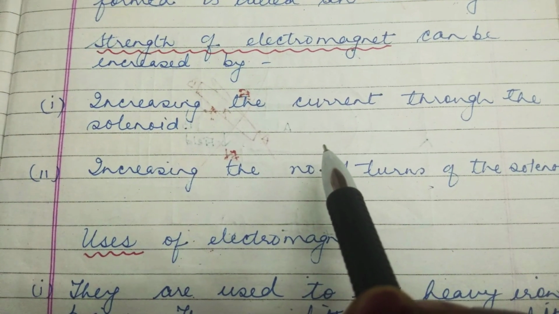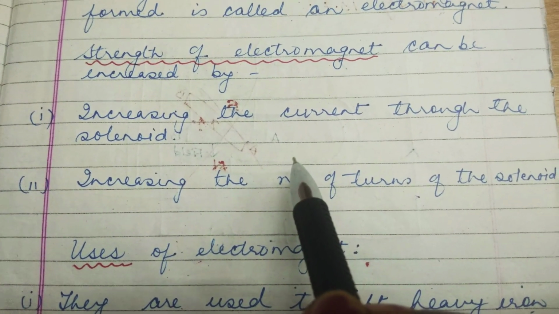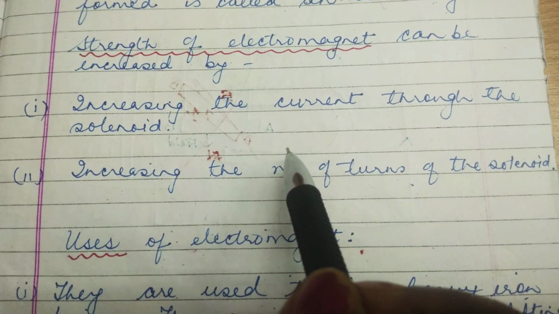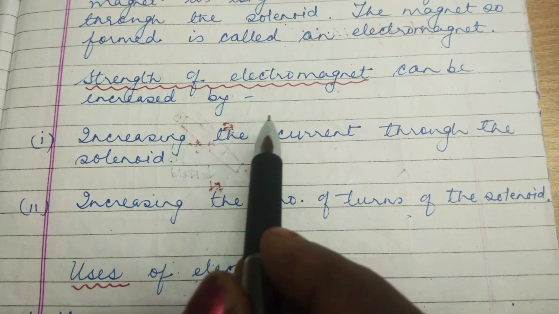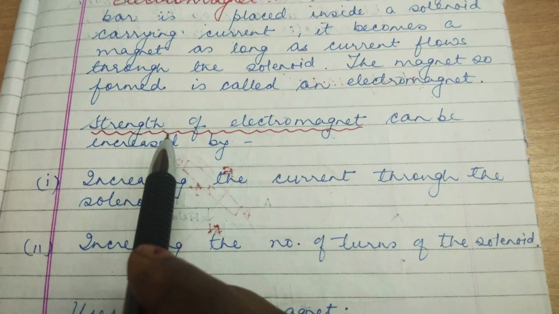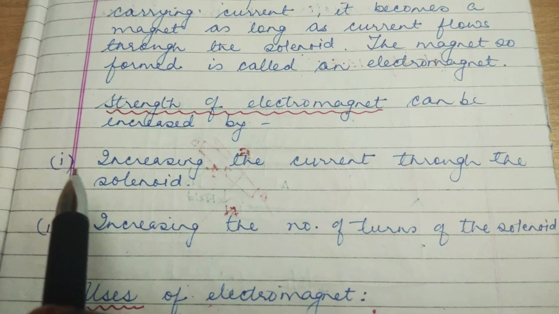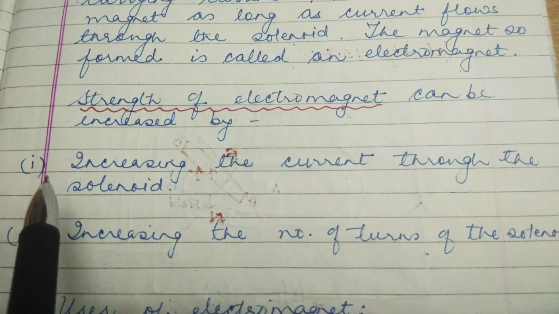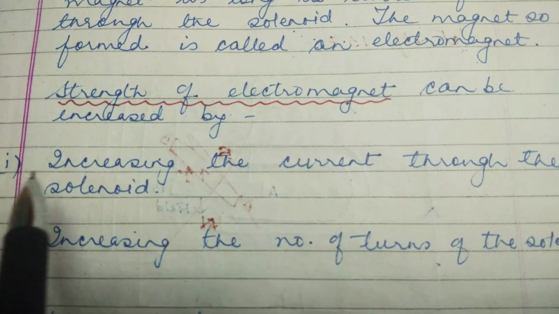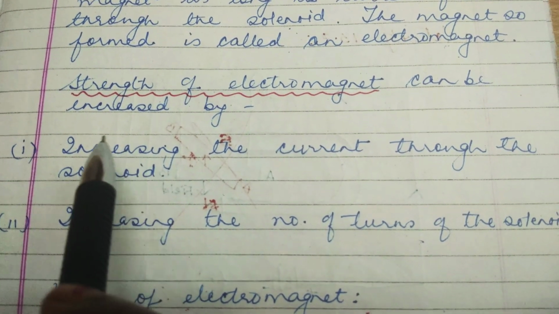Now, if someone asks you what is the difference between an electromagnet and a permanent magnet, we have learned just now that electromagnet retains its magnetism till the current is passing through it. The moment the current stops, the electromagnet loses its magnetism. So let us discuss the difference between electromagnet and a permanent magnet.